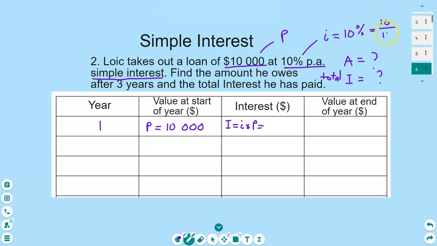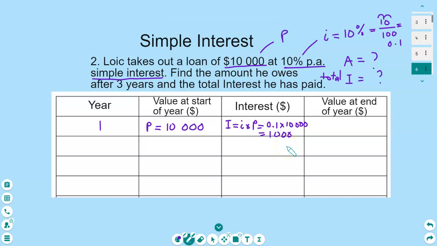Percent means divide by 100. 10 divided by 100 is 0.1. Moving that decimal over. So we're using that in our calculations. 0.1 times 10,000. And that's going to give us our interest the whole way through. So that's nice. So that's 1,000.